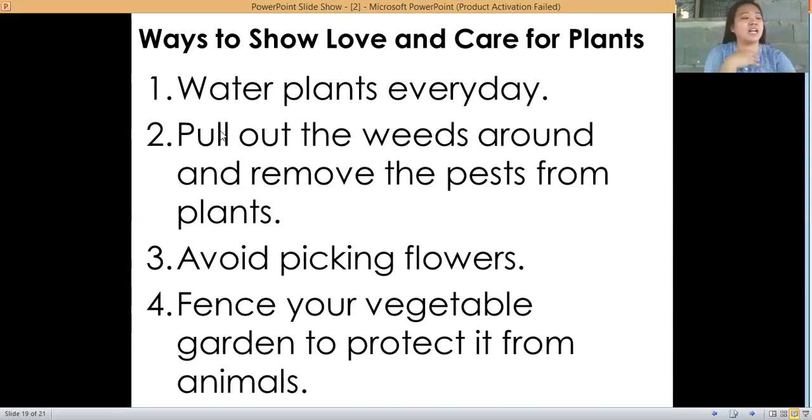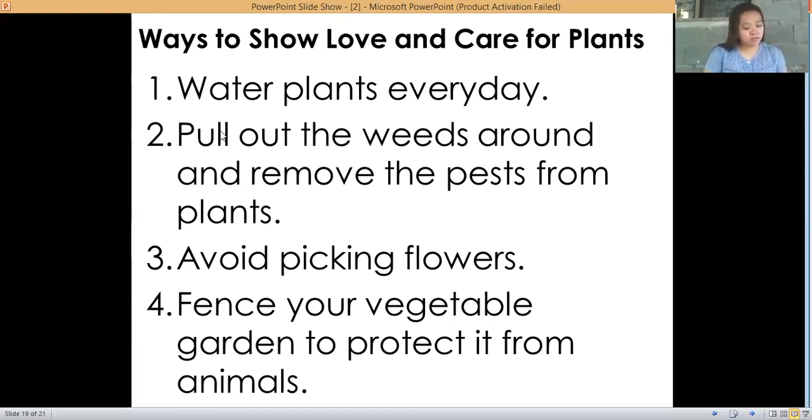Unlike us, we can read. Do not step here. Do not cross this area. We can read that one. It means there's small plants, but the animals, they can't read. So because they cannot read, you will be the one to protect your plant so that they will not cross or step on it.